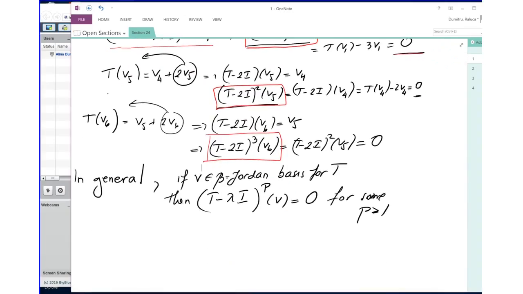So we said that in general, if lambda is an eigenvalue, this kind of relation needs to hold for some p. If p is 1, then you get the eigenvectors, the ones from above. If p is higher, you get all the other vectors in the basis. So that's pretty much what we discussed last time.